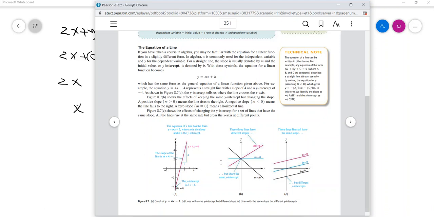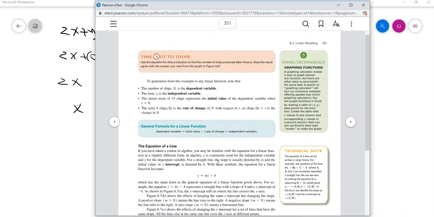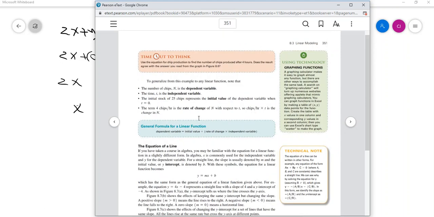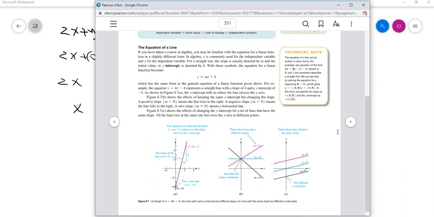The dependent variable is the y-axis variable. Now, the initial value is when x is 0. And then the rate of change is the slope.